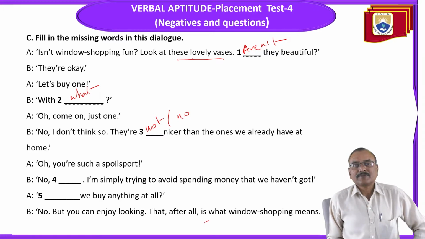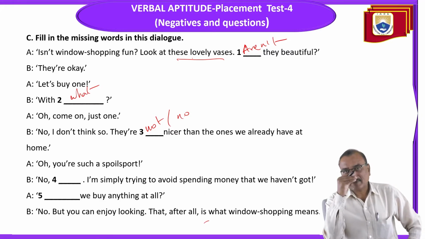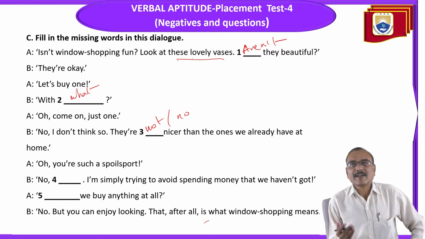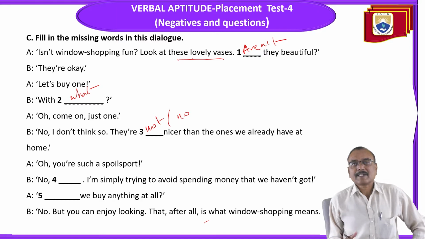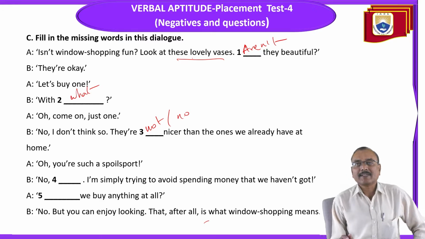Right. No, I'm not. Okay. Person A is here blaming, saying you are a spoiled sport. Then person B says, no, I'm not like that. I'm simply trying to avoid spending money that we haven't got.